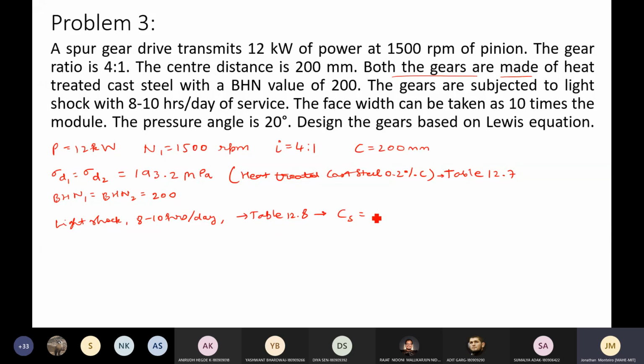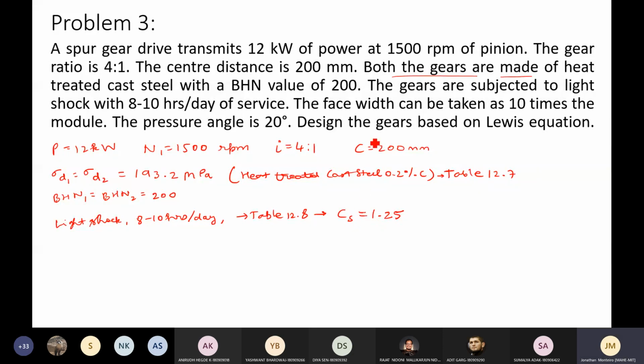Till now we have taken medium shock. Now light shock, it's slightly lesser, 1.25. Please remember these tables, 12.7 and 12.8, very important for your initial values.